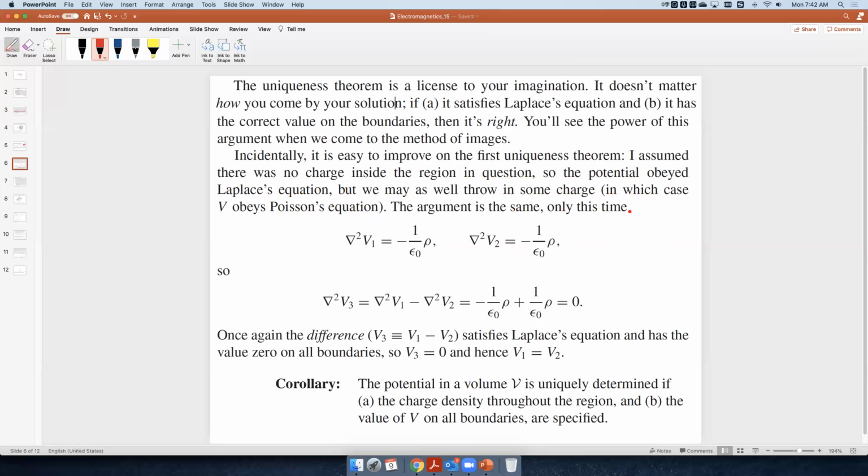The argument is the same, only this time, instead of the Laplace equation, you have a Poisson equation. It's not 0 on the right side. Instead, you have an expression of charge density. So in this case, the potential in the volume V is uniquely determined if A, the charge density throughout the region, and B, the value of V on all the boundaries are specified.